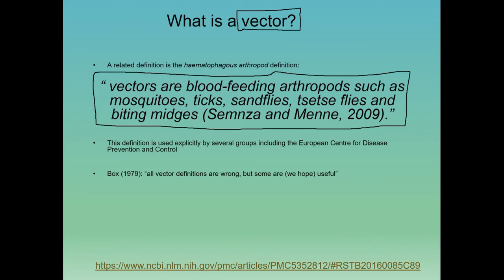And this is the definition that's used by the European Centre for Disease Prevention and Control, so that's quite a reliable source. If you're interested, there's a nice article down here which debates the different definitions of what a vector is, but it's not compulsory reading.